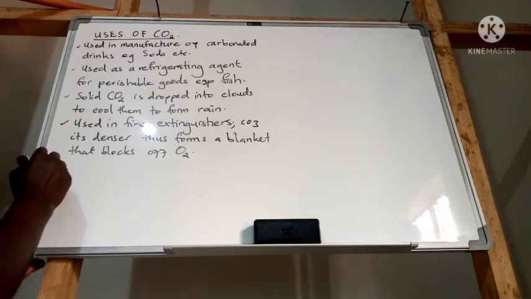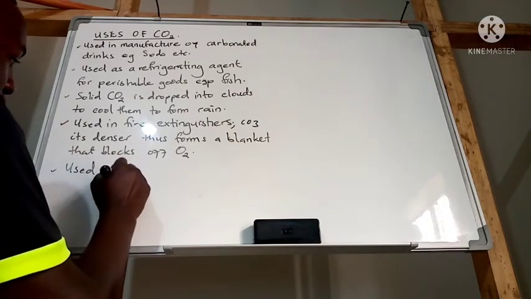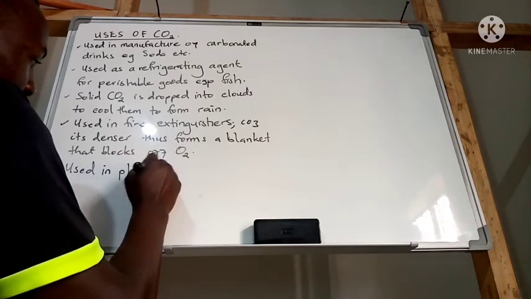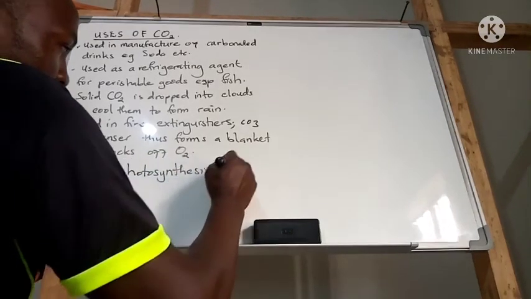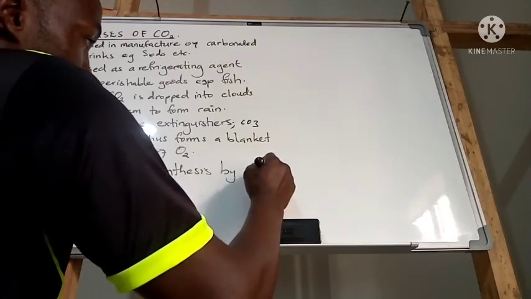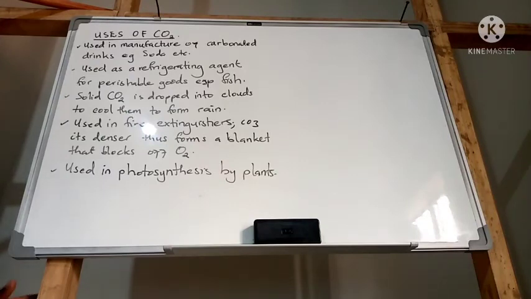The same gas is used by plants in photosynthesis. And life on Earth is sustained by that process of photosynthesis. Minus photosynthesis, definitely no one can survive, because all the food we eat is connected to photosynthesis.